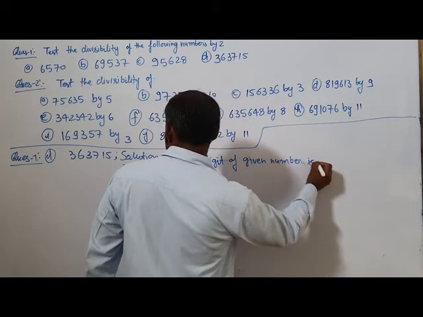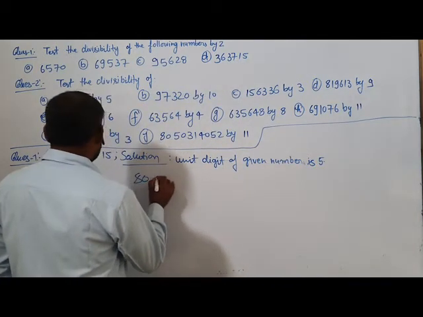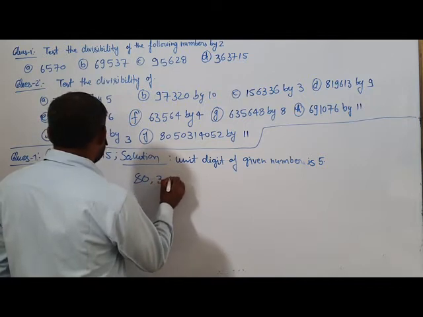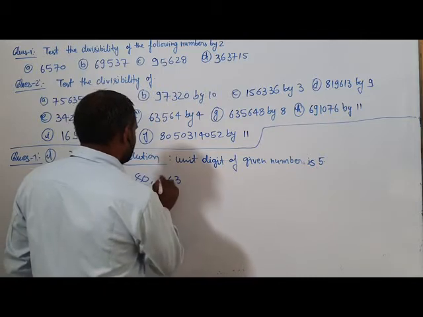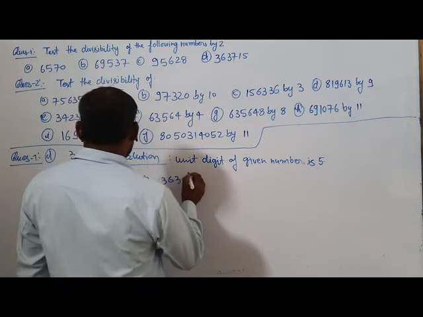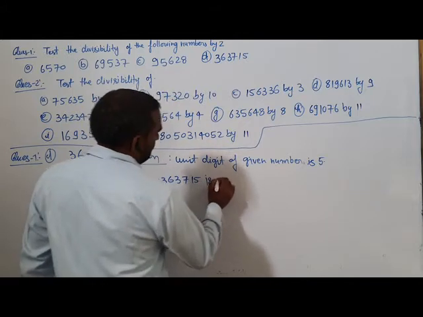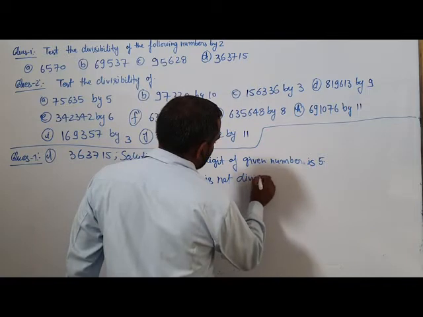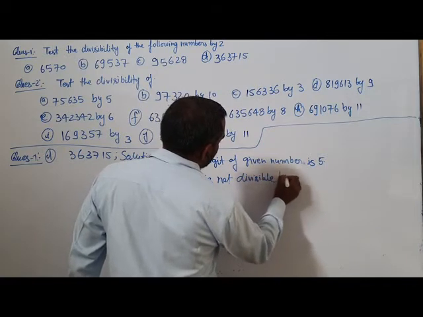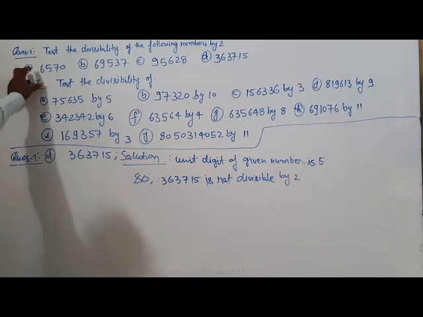So 3,63,750 is divisible by 2. So we have solved question number first.